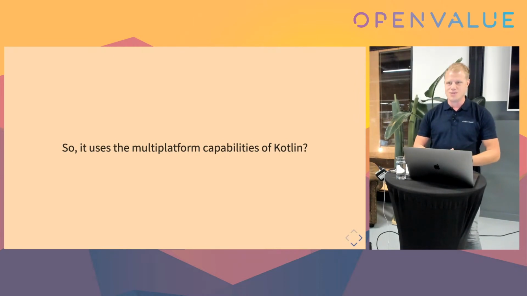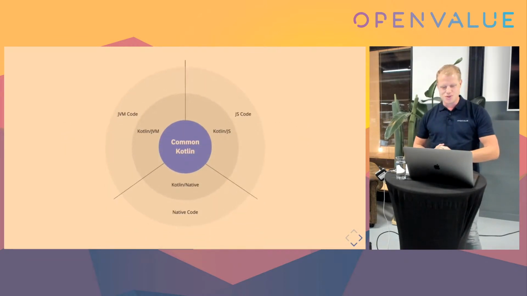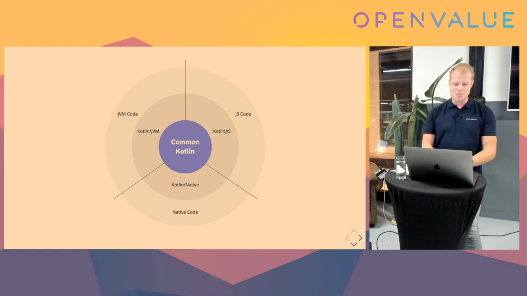This one stood out as well, because multiplatform capabilities, Kotlin, what is that? If you search on the internet, Google knows the answer, of course. You probably find this diagram. It's on the Kotlin documentation pages, and it explains pretty well what Kotlin Multiplatform is.